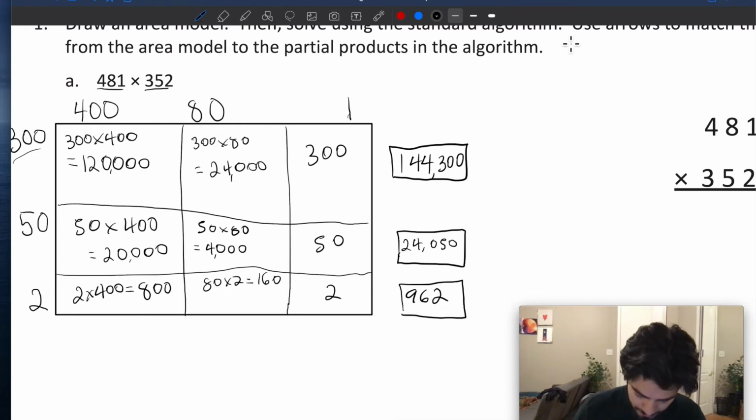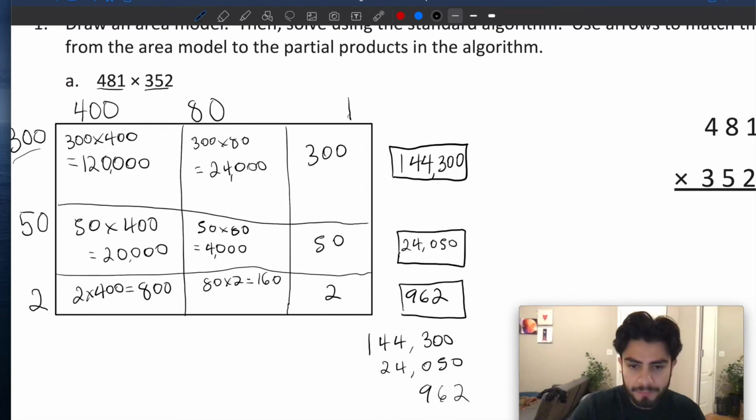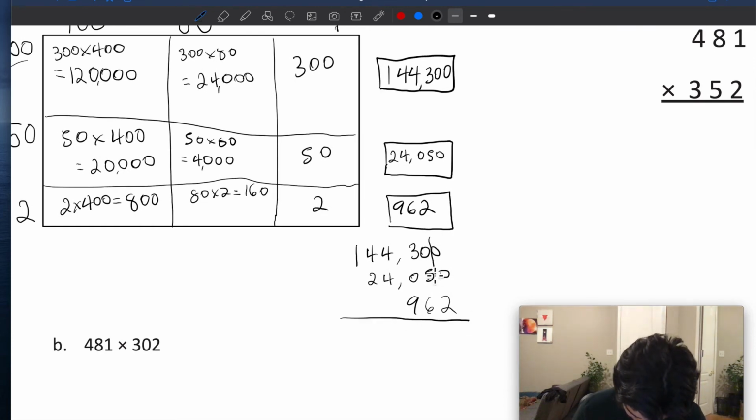So that's going to be 144,300, then I got 24,050, and 962. Might have to scroll down a little bit. Okay, now I'm gonna add these up. The lines would go somewhere like this.